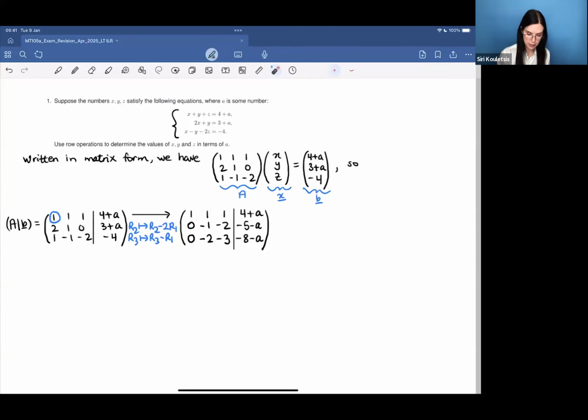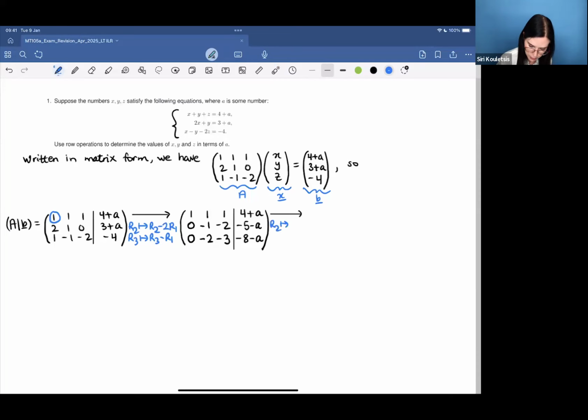Now we see here that a convenient next step now is to make this minus 1 here into a leading one by multiplying row 2 by minus 1. So the rest stays the same.